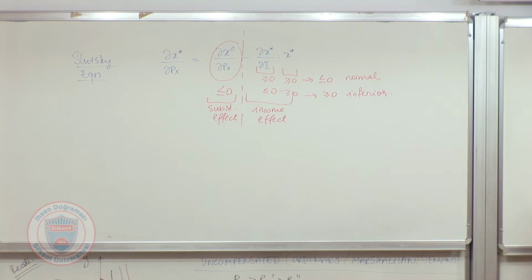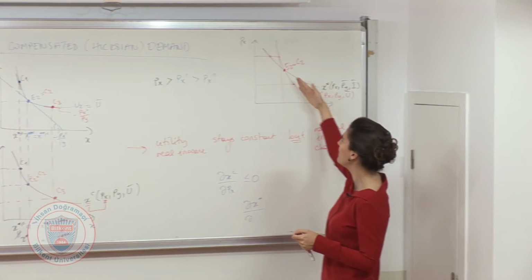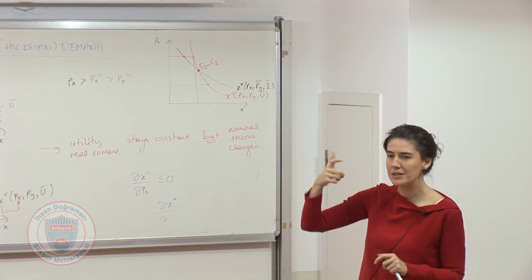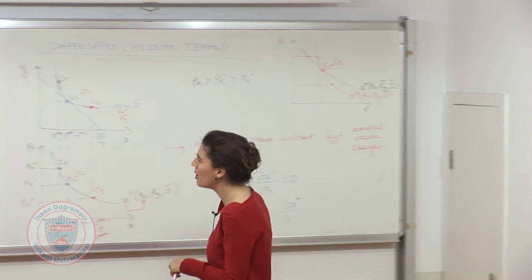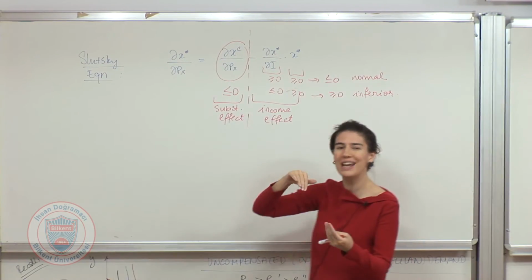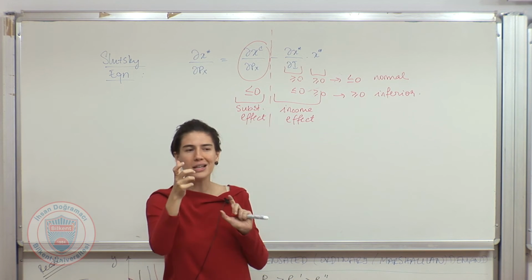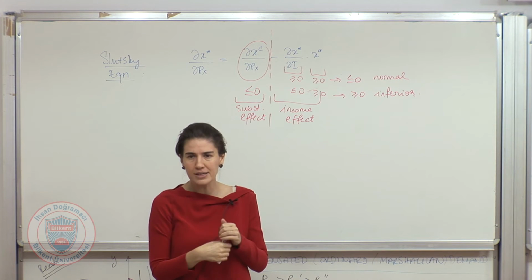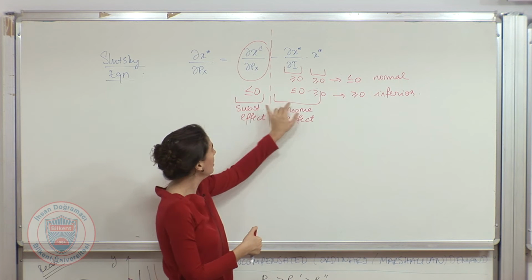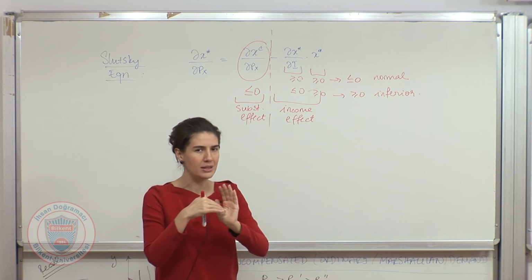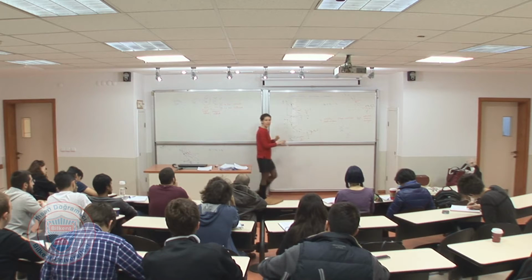But don't get confused. Don't forget that the slope that I'm having here is actually the inverse of the slope, okay? So the compensated demand curve being more negative here would mean that 1 over this number is going to be smaller in this case, okay? Whereas when it's not more negative, 1 over that number is not going to be that small, so it's going to be steep, okay?